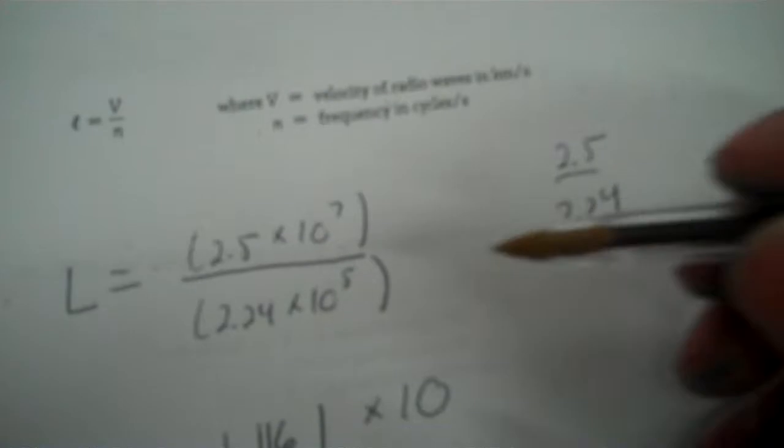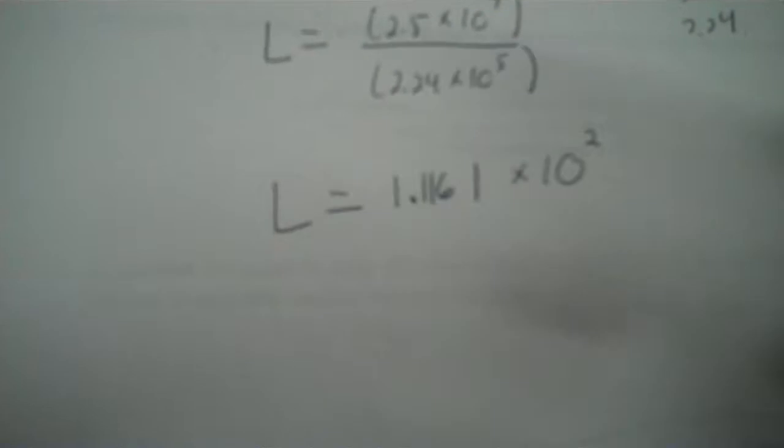Times 10, and then to simplify the 10th powers on the division, you go 10 to the 7th, 10 to the 5. Again, when you divide, you just delete the smaller one and subtract that amount from the top, and it's to the second. 10 to the second is on top, so it will be to the positive second.